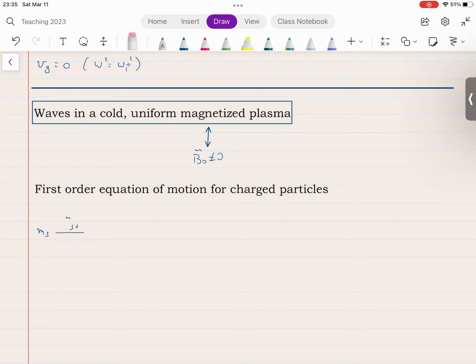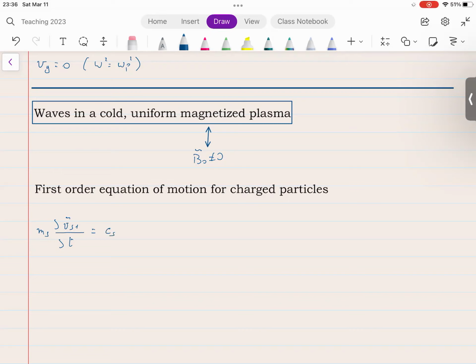And I'm going to skip a step and just write this as a partial derivative with respect to t. What happens again is that the equilibrium velocity is zero. We're still assuming that. And therefore, any term like v dot gradient of v is going to be the product of two first-order quantities, and therefore it's negligible.